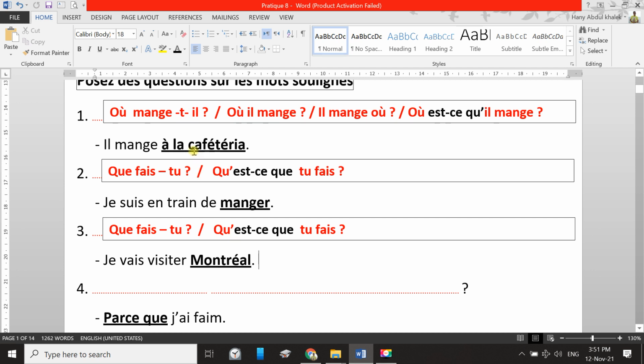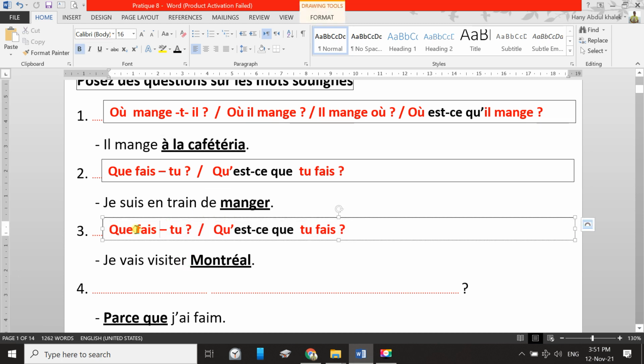So here, to replace or to ask with where, which is in French où, we have to find the preposition before the place. Here, there is no preposition, so we will use que again, which means what. Je vais visiter Montréal. Que vas-tu? We'll make cross with the first verb. Pay attention that this tense, je vais visiter, I will visit, it's futur proche.